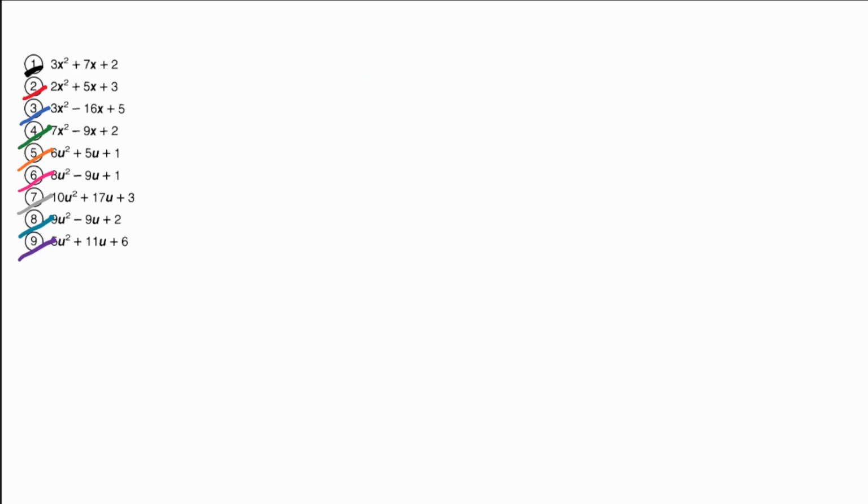Number 9 is, let me see, I kind of went too aggressively on that. It's 5u squared plus 11u plus 6. So I'm looking for two numbers that multiply to 5 times 6 is 30, and add to 11.